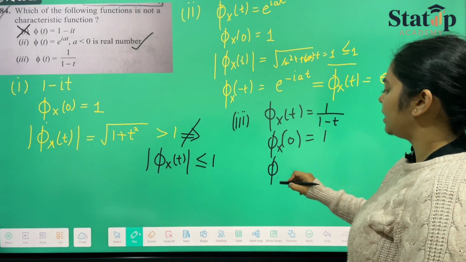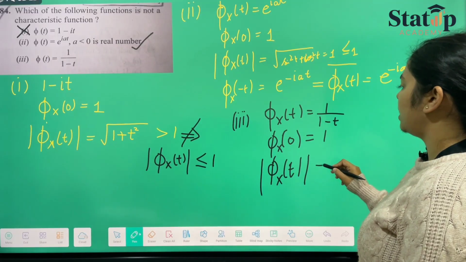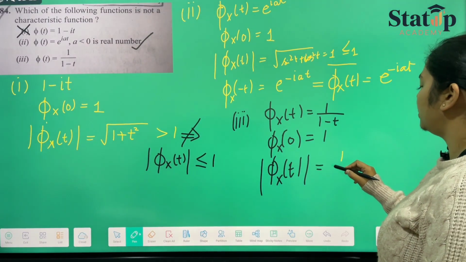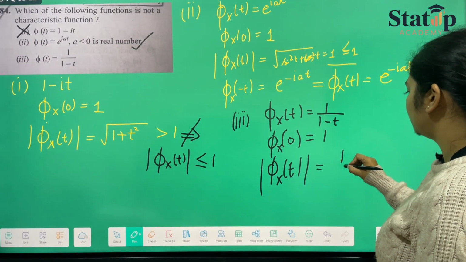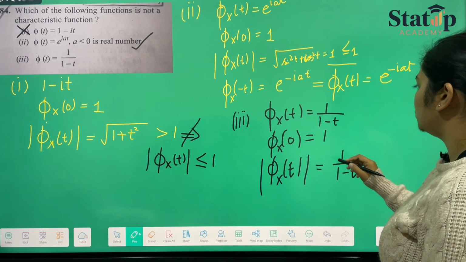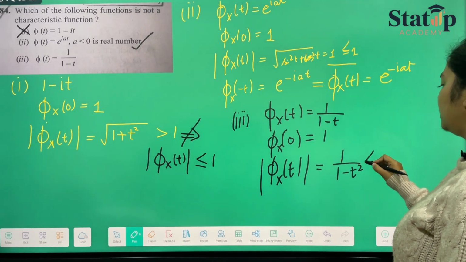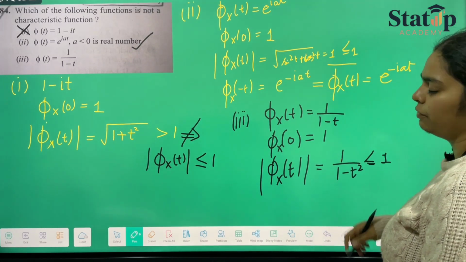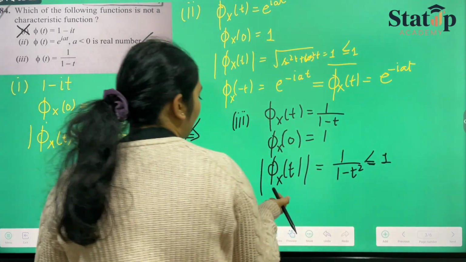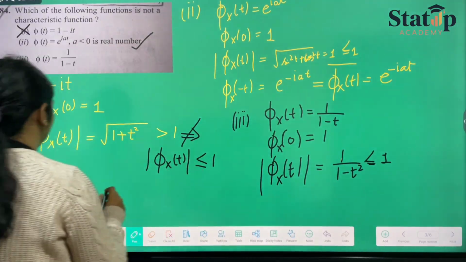Then if we take the modulus of this, it will be 1 upon 1 minus t whole square, which can come less than or equal to 1 if we put in the values of t. Now let us take the third condition here.